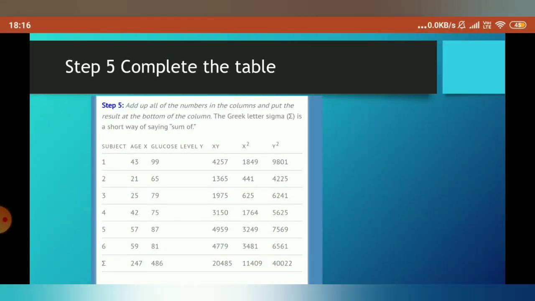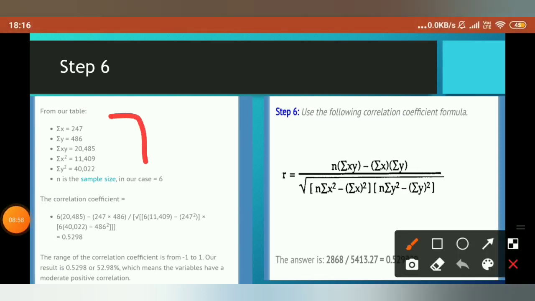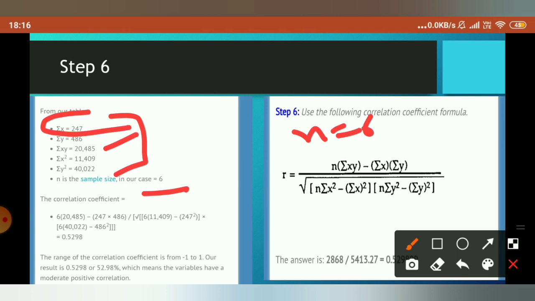So we have all these sums now. The number of terms is 6, so in place of n we put 6, and sigma xy, sigma x, sigma y and sigma x square go in. For sigma x whole square, you take sigma x and square it, and so on for all the other terms.